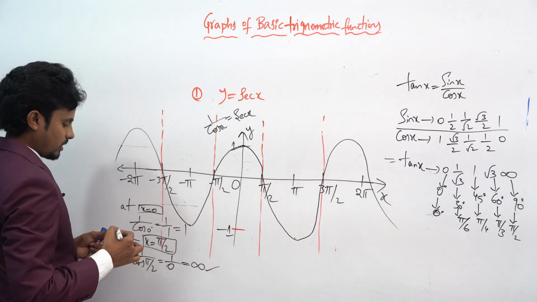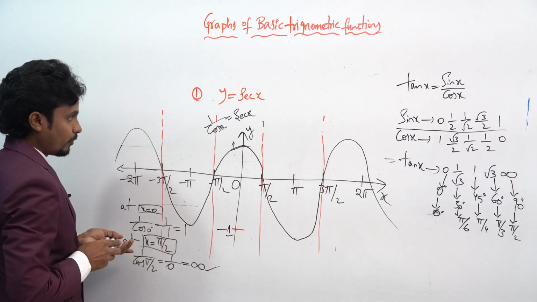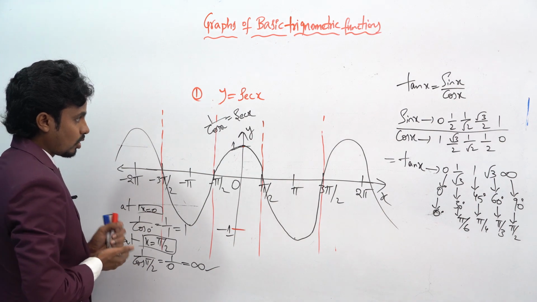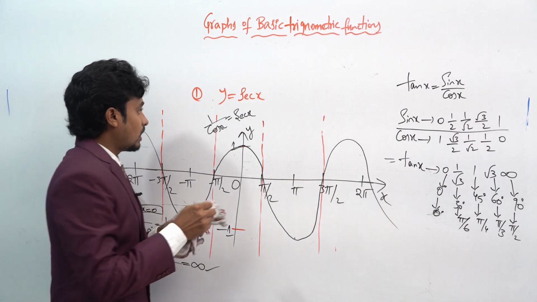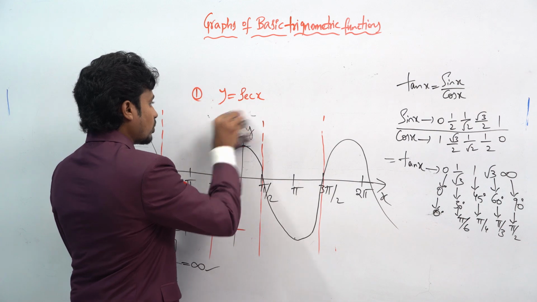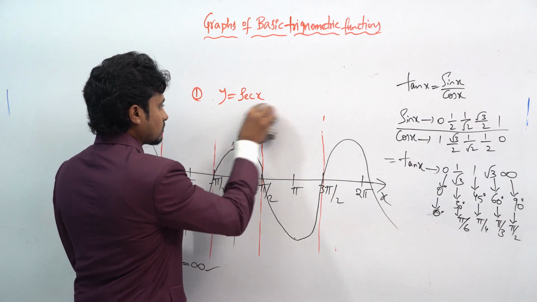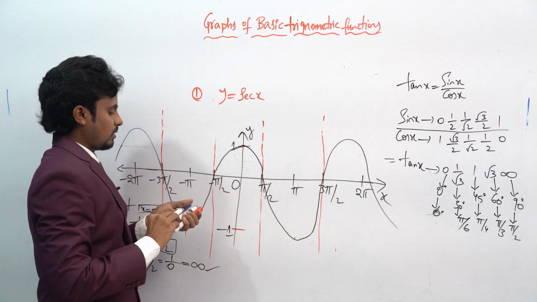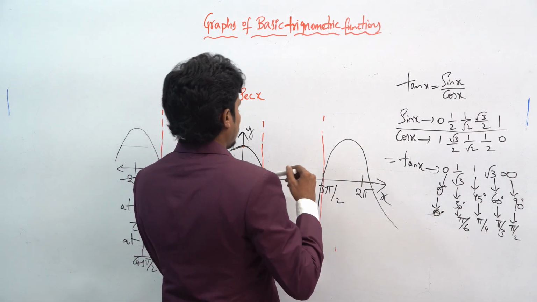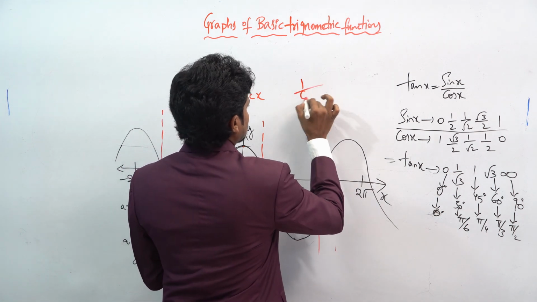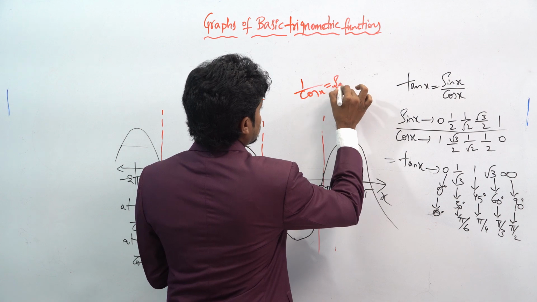So this was the plot for the cos. Now we have to draw the plot for the secant x. That means 1 by cos, you will get the secant x. 1 divided by cos x, you will get the secant x.